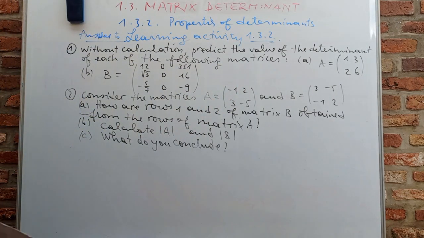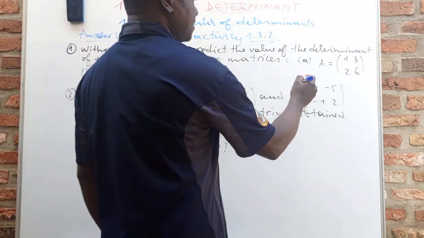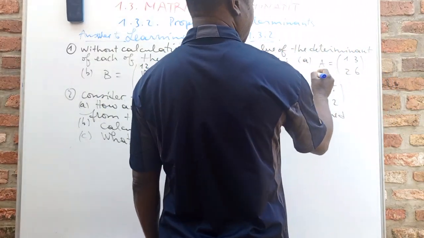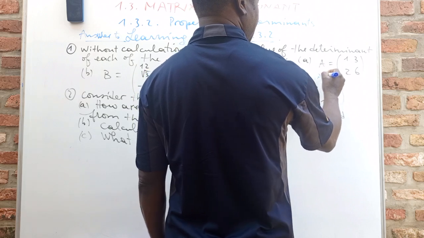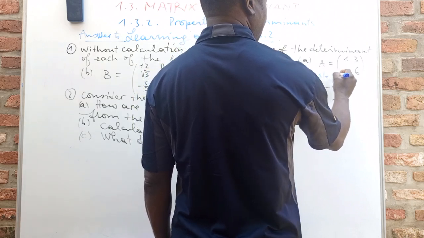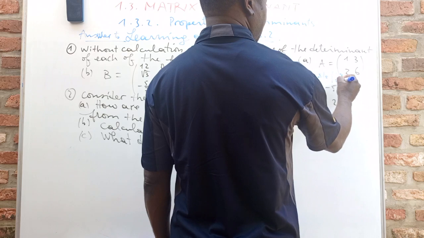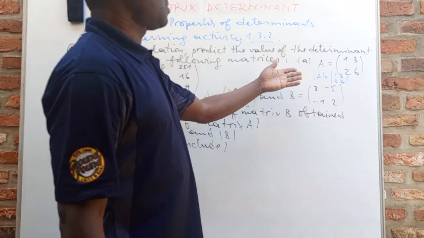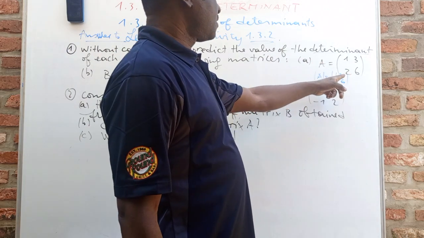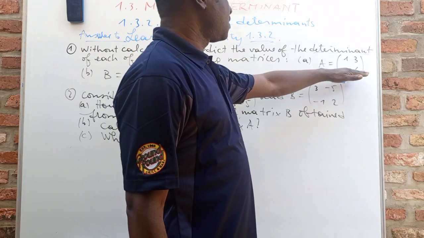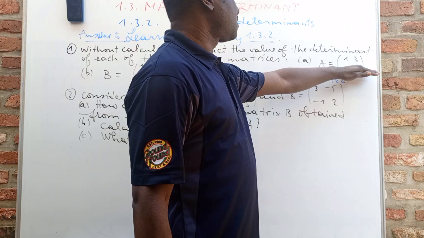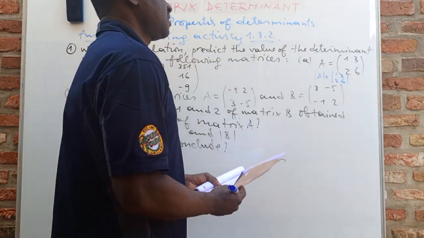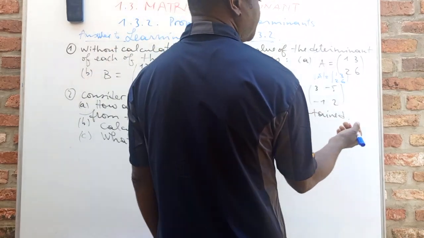Okay, now looking at this, we want to find the determinant of this matrix A. There are many ways to find it without calculating this determinant. You see the second row is twice the first row, which means automatically this determinant is equal to 0.